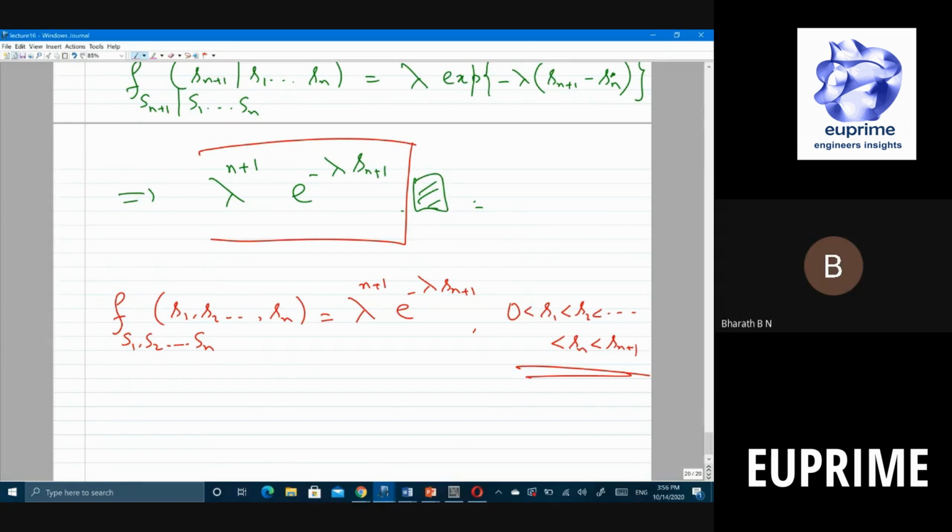How can that be smaller than the nth arrival instant? You are saying a future arrival happened before. That cannot be, because Sn plus 1 is Sn plus Xn plus 1. Now Xn plus 1 should be greater than 0 almost surely, right? Equal to 0 has probability 0. Therefore, Xn plus 1 is greater than 0 almost surely. Therefore, it is true. Is that fine?